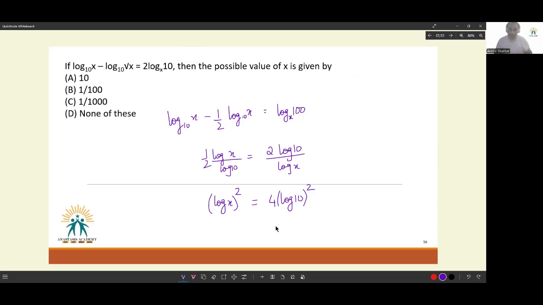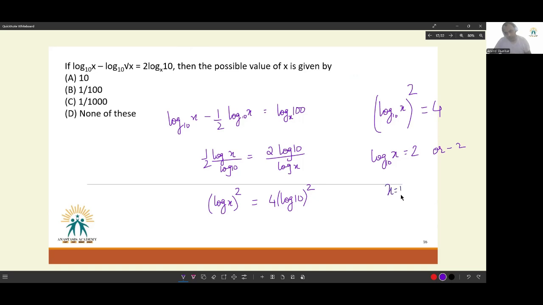Okay. So I can get this log 10 whole square, I will bring here. I will get log x to the base 10 whole square is equal to 4. So log x to the base 10 is equal to 2 or minus 2.